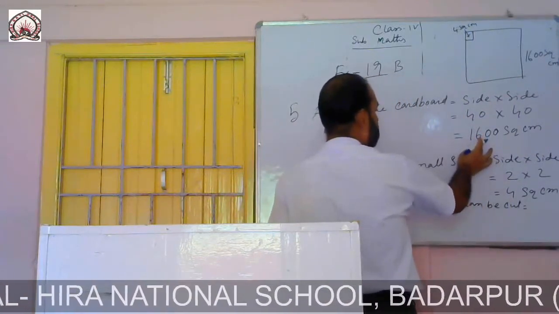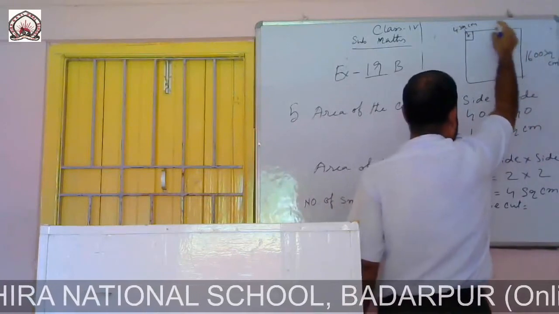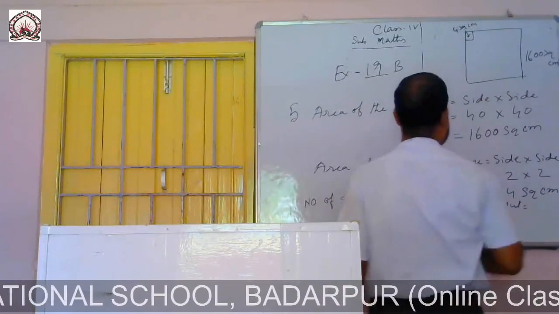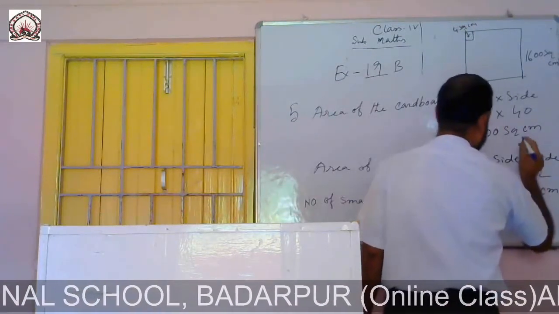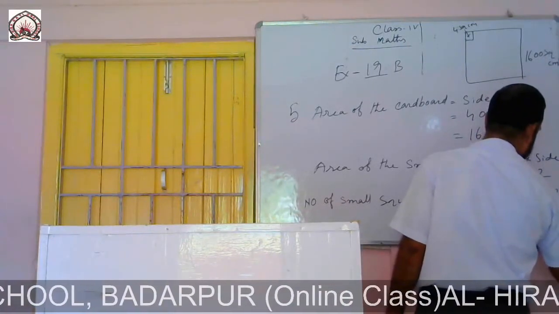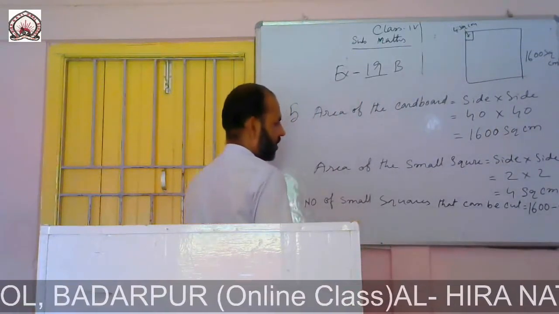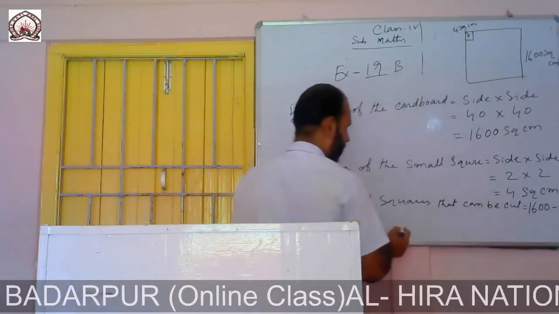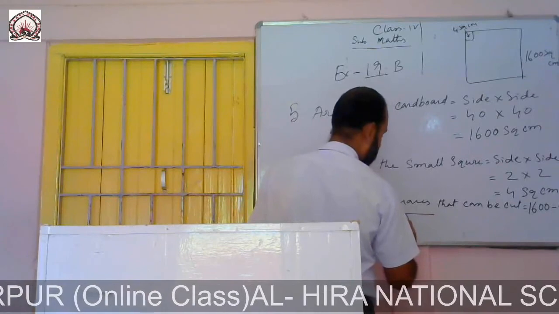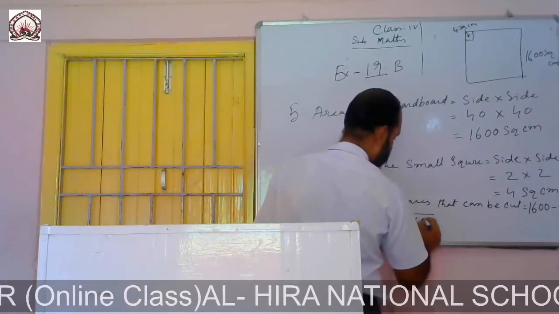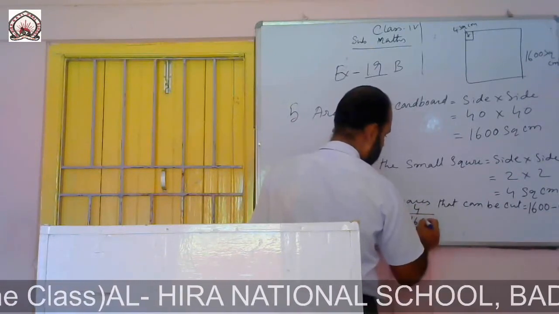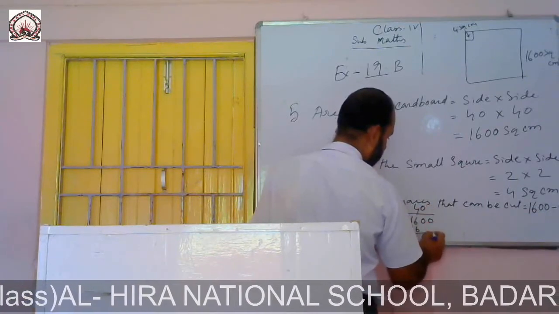Now we divide this full area of the cardboard by the small square area. So big square area equal to 1600 divide by 4. We divide here. 1600. Now 4 fours are 16. Then 4 zeros are 0 and 4 zeros are 0.